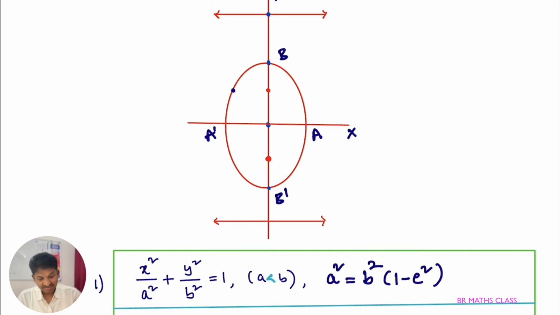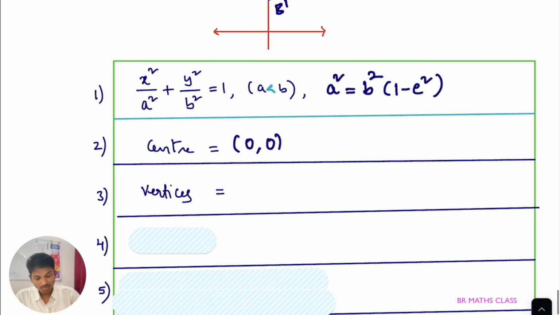This B dash is the major axis because this length is more than A dash. These end points of the major axis are called vertices. These vertices are on the y-axis. This is 0, b. This is 0, minus b. So the vertices formula is 0, plus or minus b.